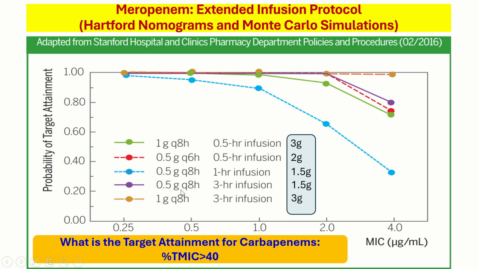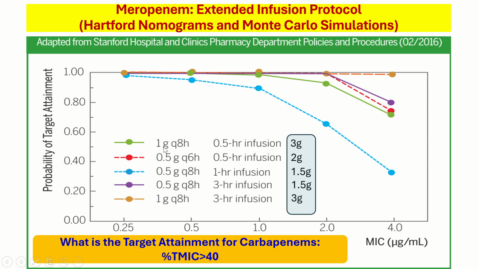So let us say I have an E. coli isolate for which I want to give meropenem, and that MIC is 0.25, right? And what I'm doing in this case is that either of these infusions, whether I give 1 gram 8 hourly as a half an hour infusion, or 500 milligram 6 hourly as a half an hour infusion, all these different dosings and different concentrations, this particular box shows the total antibiotic given to the patient in the entire day.